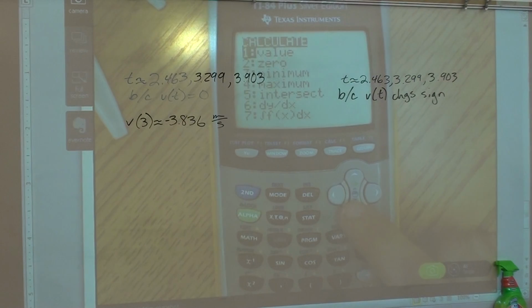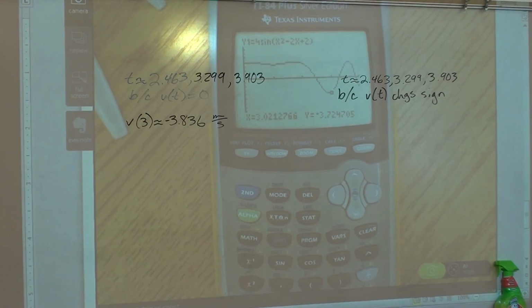Then you pick dy/dx. That is so convenient. And then we want the derivative at 3, so hit the number 3 and enter. Because it's got to be correct to the thousandths, right? So make sure you actually find it at 3. It's 4.539 roughly.